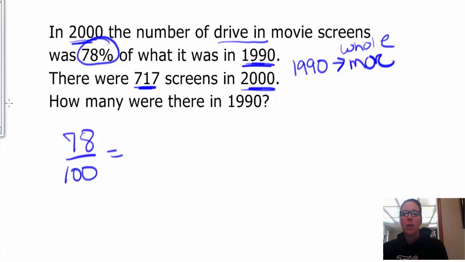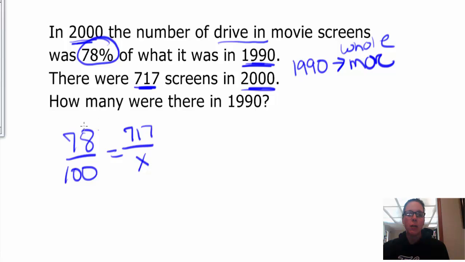It gives us the number for the year 2000, so that is our part. And our whole is what we're looking for. We're looking for how many screens were in 1990. Sorry, I just said that backwards.